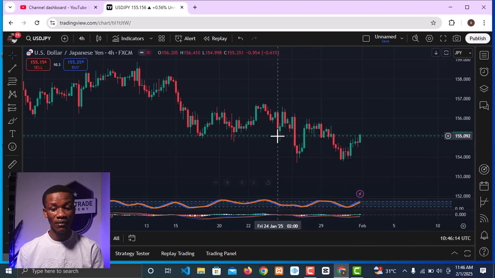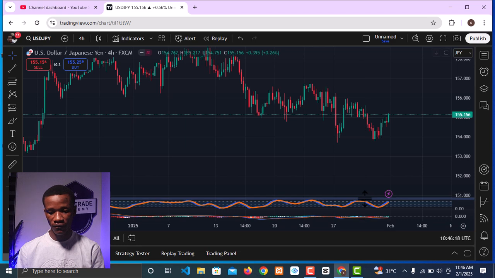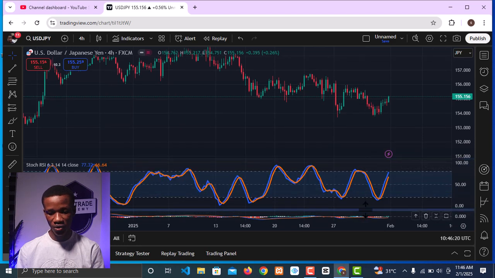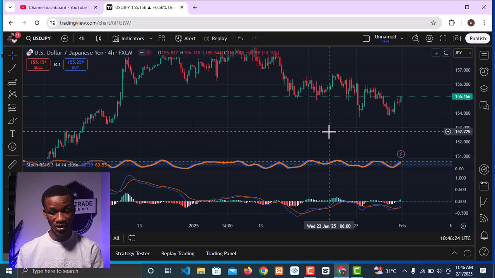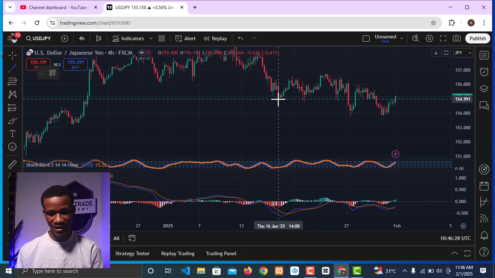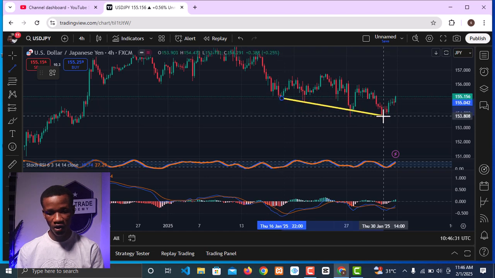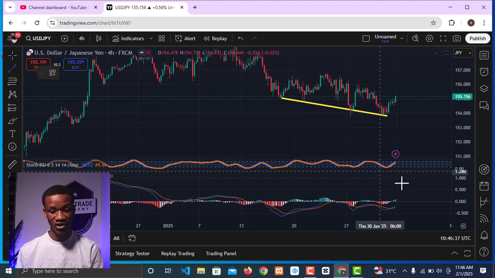And once we confirm that there is a divergence, then we look for divergence confirmation. So if we look at the MACD indicator right here, you discover that there is a divergence on this price action. If you draw from this very point right here down, you see the market has been coming all the way to the downside, which is a clear indication that a divergence is on this price action.